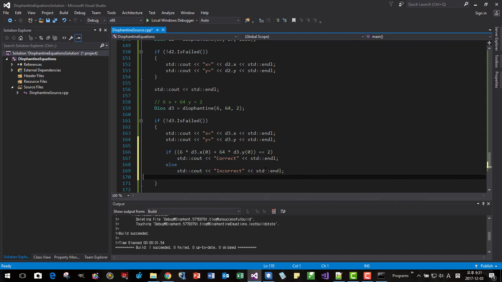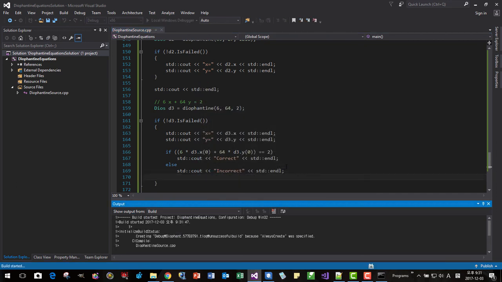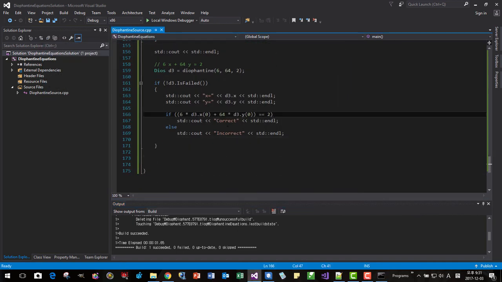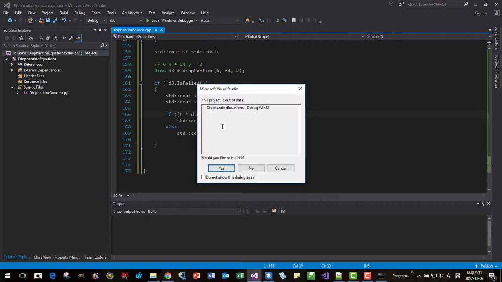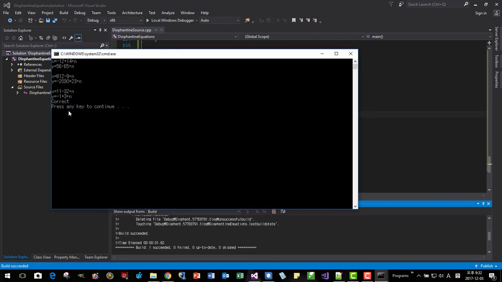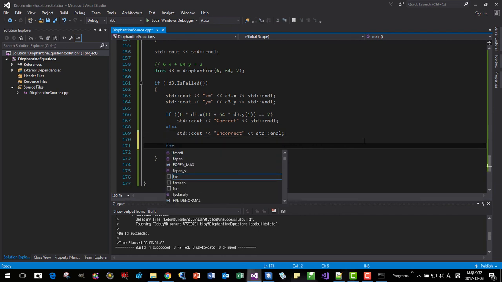So let's try it. Control F5. See, correct. Now I try another number here, 1, the next solution. See, correct. So we can try like this also for int i equals 0, i less than 5, plus plus i.